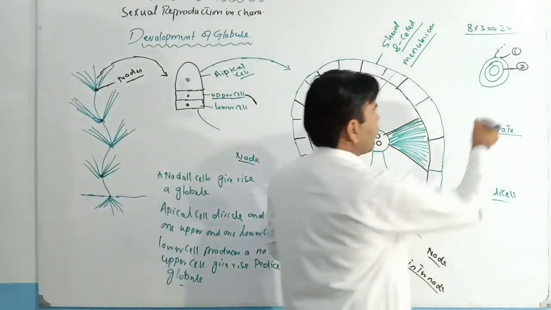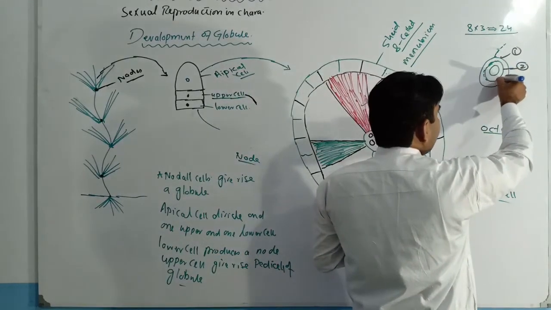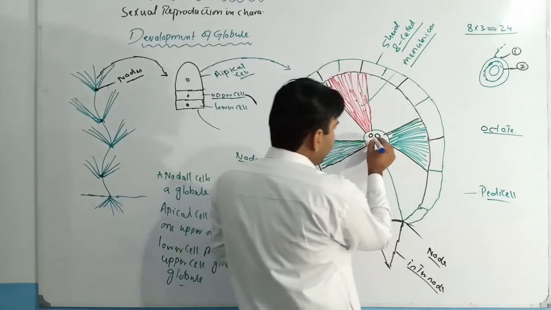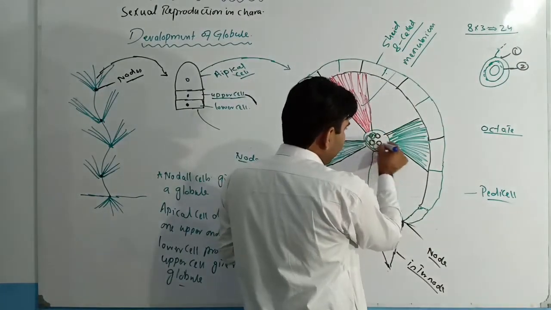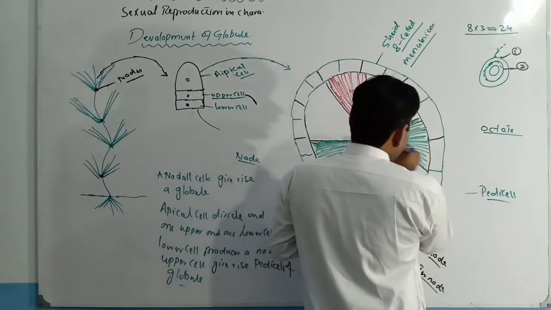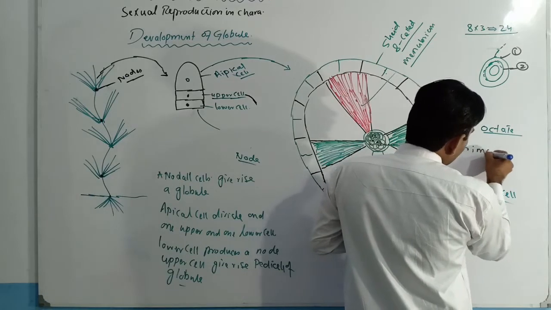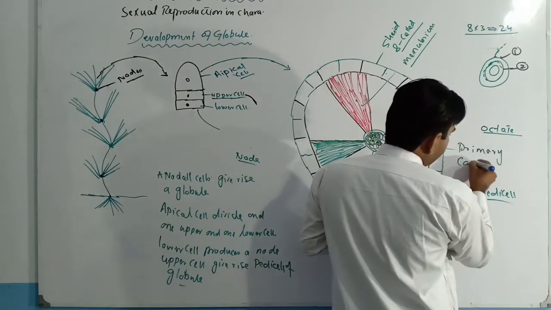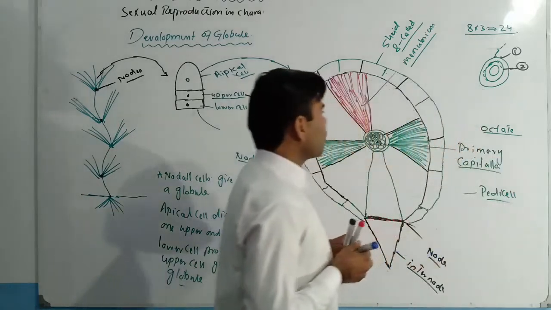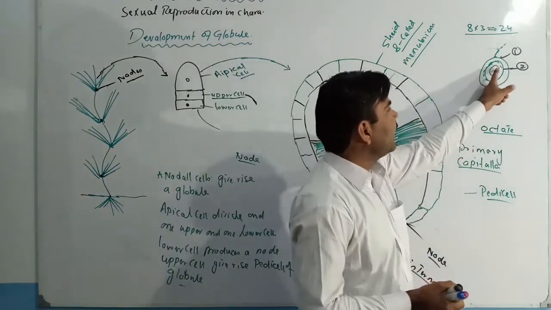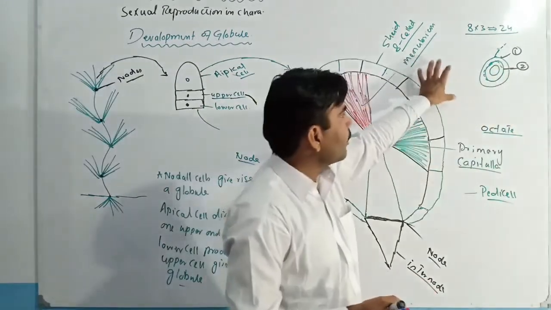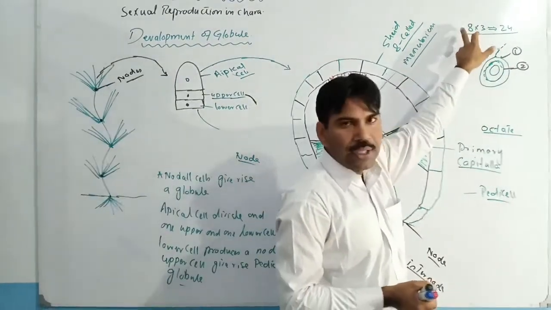These are far from these middle cells, but now there is a structure at this position, and this structure is known as primary capitula. This primary capitula is far from these inner cells, which are formed as a result of division of 8 cells.